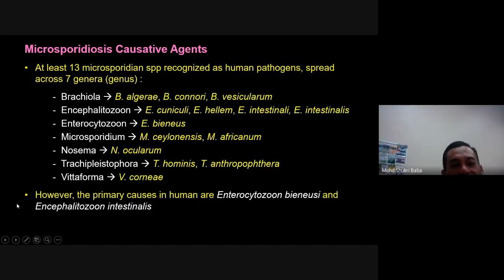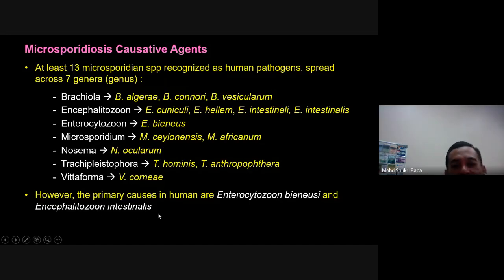Okay, so kadang-kadang student tertukar. Kadang-kadang dinamakan Encephalitozoon bieneusi dan satu lagi Enterocytozoon intestinalis. Sedangkan E itu adalah E yang lain-lain. So jangan tertukar dekat sini. Alright.